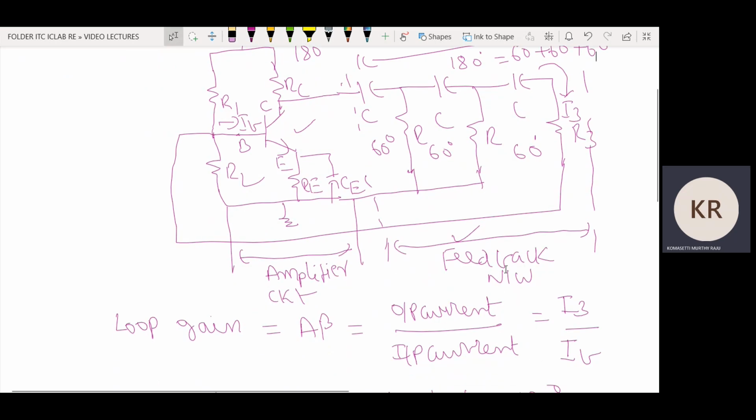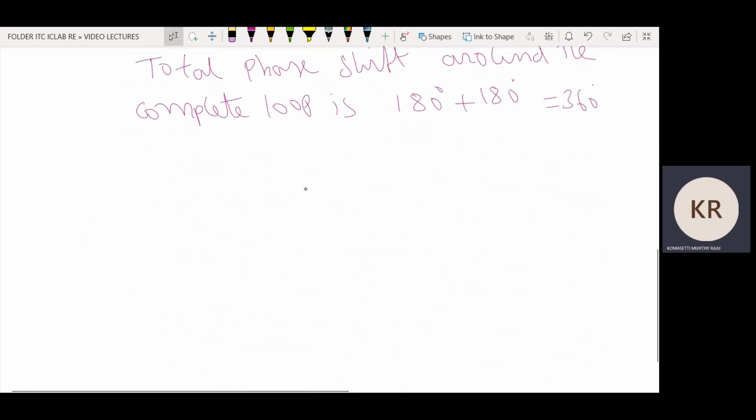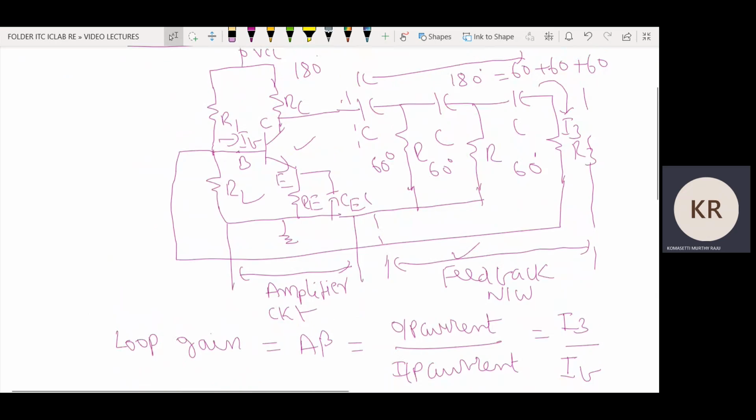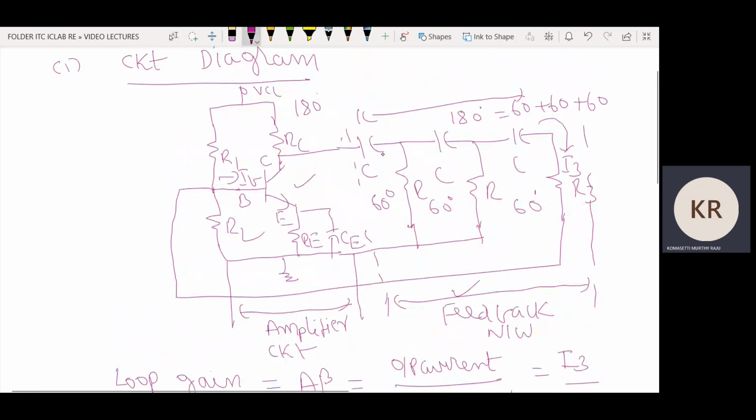Loop gain is equal to 1. Loop means the output of the amplifier circuit is connected to the input of the feedback network, and the output of the feedback network is connected to the input of the amplifier circuit. Therefore, the total loop is connected.